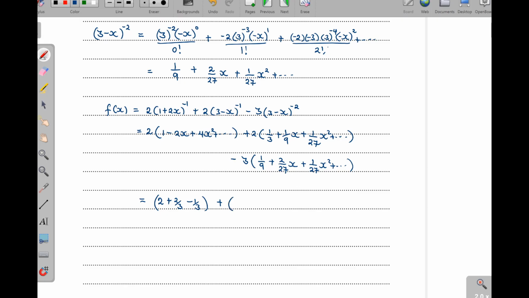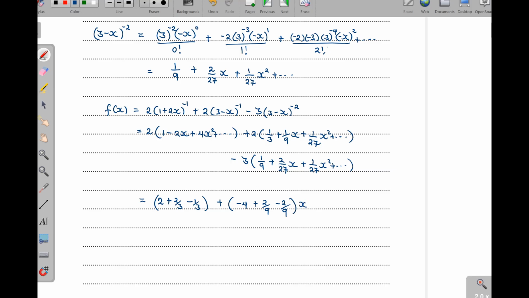Then the part that has gotten x is this one, 2 times negative 2 here, which will be a negative 4. Then 2 times this 1 over 9, that will be 2 out of 9. And then minus 3 times this one here. Don't you think you are going to get, this is 2 over 27 times the 3. This one goes here 9 times. So it's going to be 2 over 9, but with a negative. Not so? So minus 2 over 9.